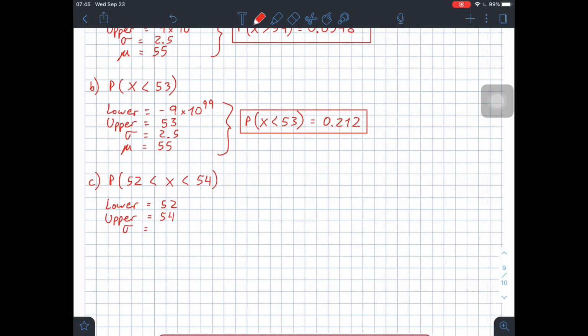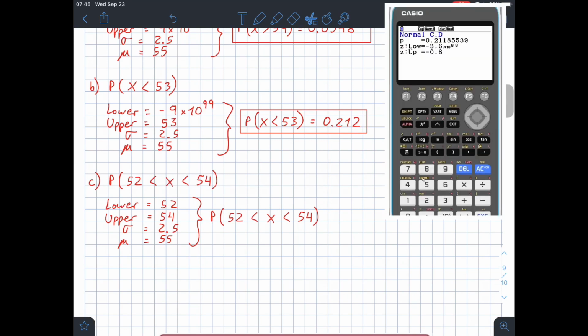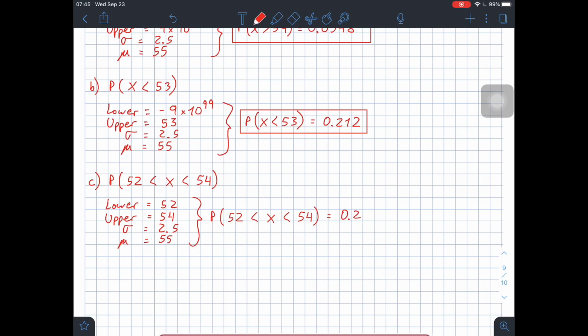The standard deviation is 2.5, and the mean is equal to 55. So with all of this information, we can find this probability, which if we go to the calculator, we would write our lower would be 52, the upper would be 54, standard and mean are the same, and there we get the value. The probability of lying in between these two values would be 0.230, if we round this to three significant figures.